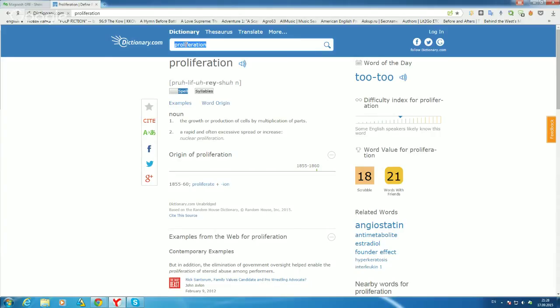A rapid and often excessive spread or increase. So let's just go with the word increase or growth. So proliferation means growth or increase, more of something, for there to be more of something.